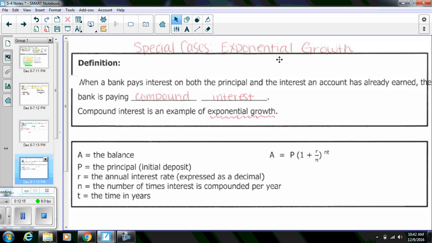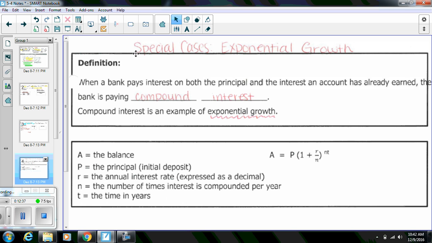So they're taking the amount you have in there, they're adding in the money you've earned over time, and then taking an interest rate of the money that you have all combined.